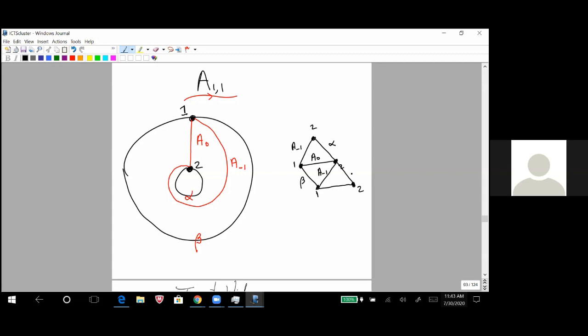So this is the point 2 again, that's alpha, this is A0. So these things are identified, but now conveniently, A0 is the diagonal of this quadrilateral, and A minus 1 is the diagonal of the second quadrilateral down here. So we have the surface and we have the triangulation.